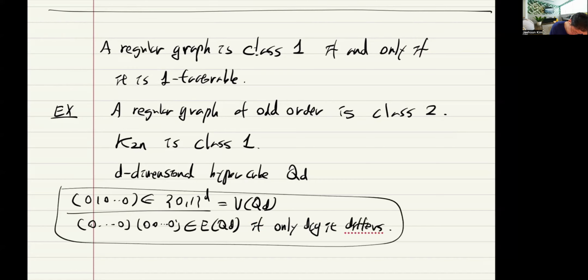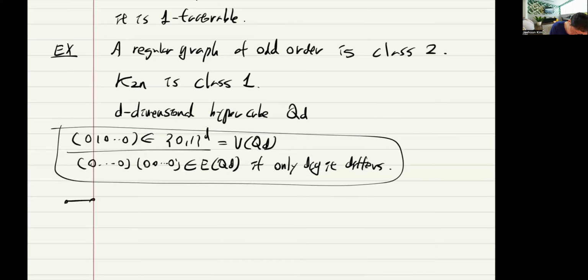So this defines the d-dimensional hypercube. This is the 1-dimensional hypercube, 2-dimensional hypercube, 3-dimensional hypercube, and so on. So this is class 1.